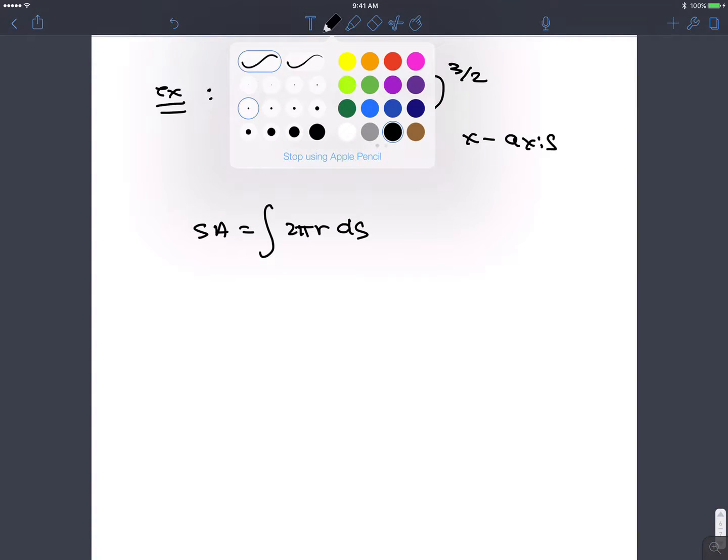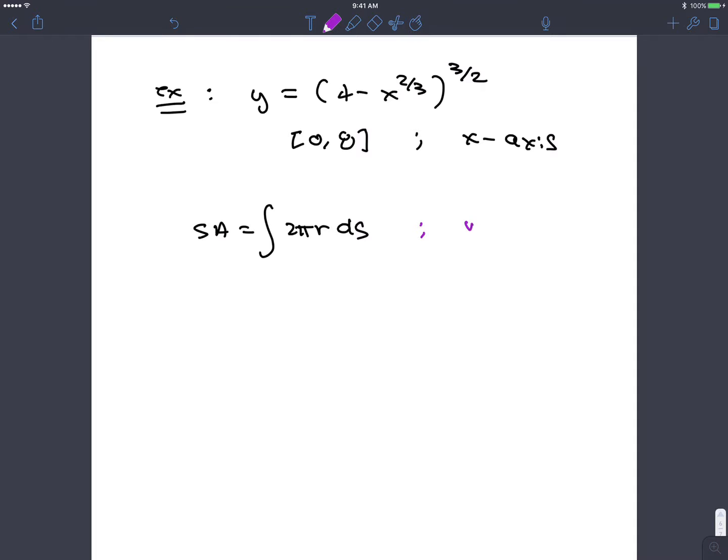So let's note a few things. First of all, my y is a function of x. Okay, you guys okay with that? And what you guys noticed was when you rotate about the x-axis and you're given y as a function of x, your r is your y, or it's your f of x.